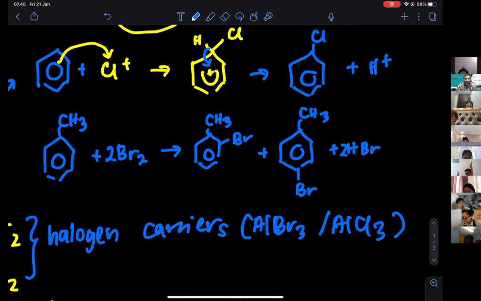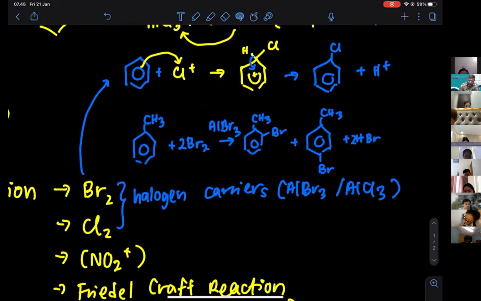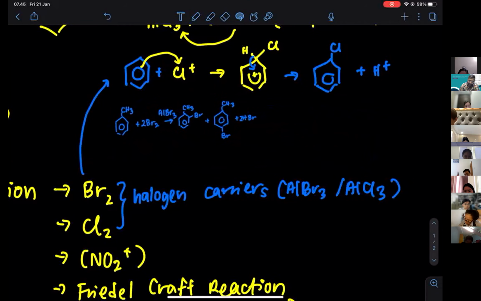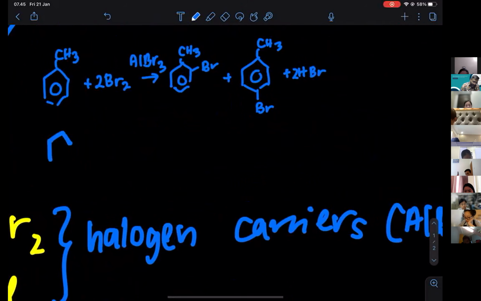So this is under normal conditions, with the presence of AlBr3. If I do this reaction and I use excess Br2, then the reaction is going to be different, and you are going to have different products.